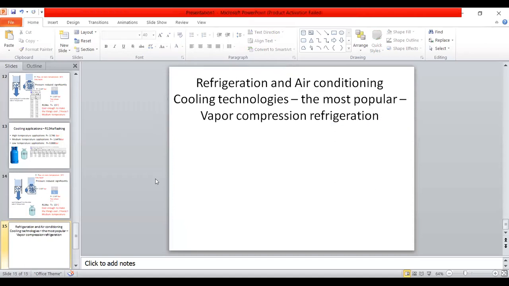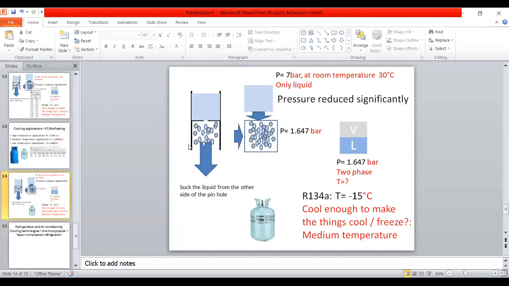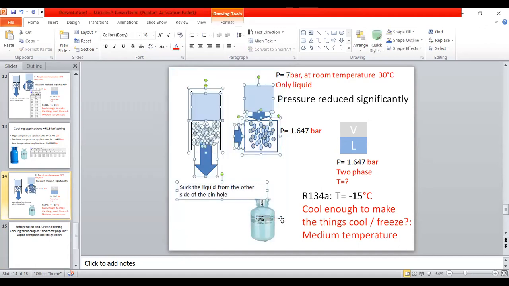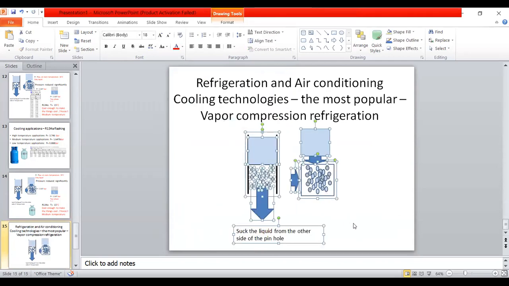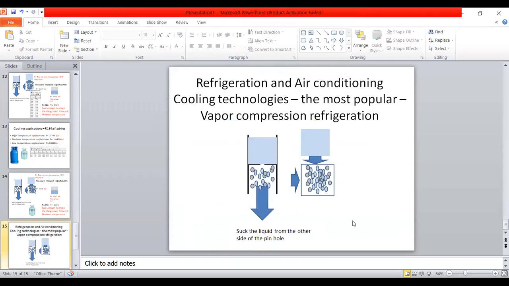And in this vapor compression refrigeration, without this flashing phenomena, okay. So here, because of the suction effect, the vapor compression refrigeration without having this flashing phenomena is not possible.